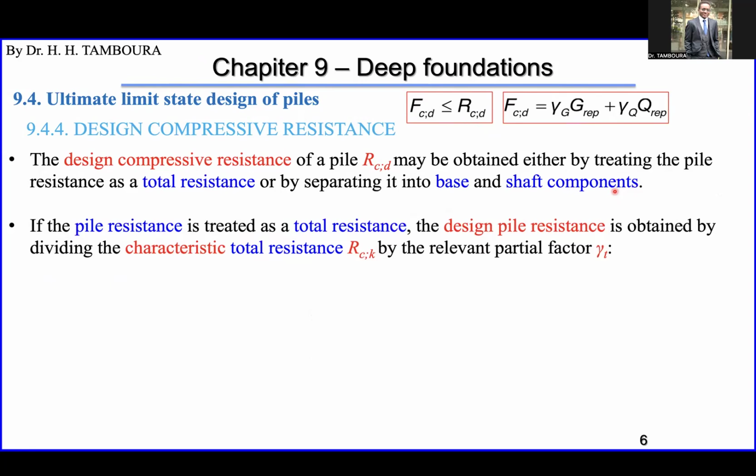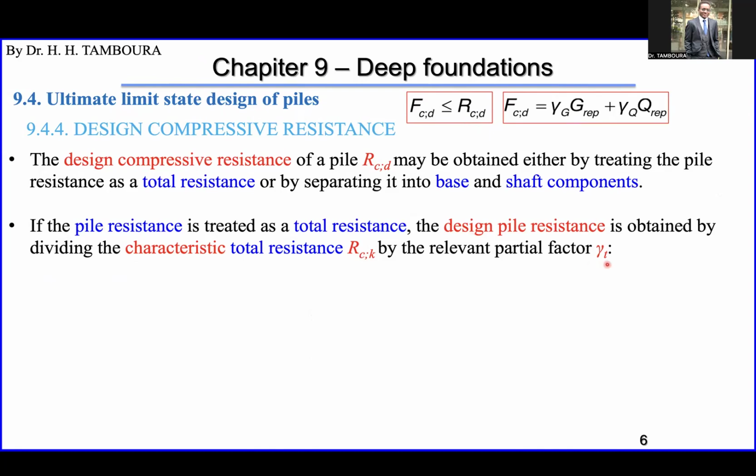For each possibility you choose, there are some partial factors you can use to estimate the design value. If you treat it as total resistance, you obtain the design resistance by dividing the characteristic total resistance by the relevant partial factor.